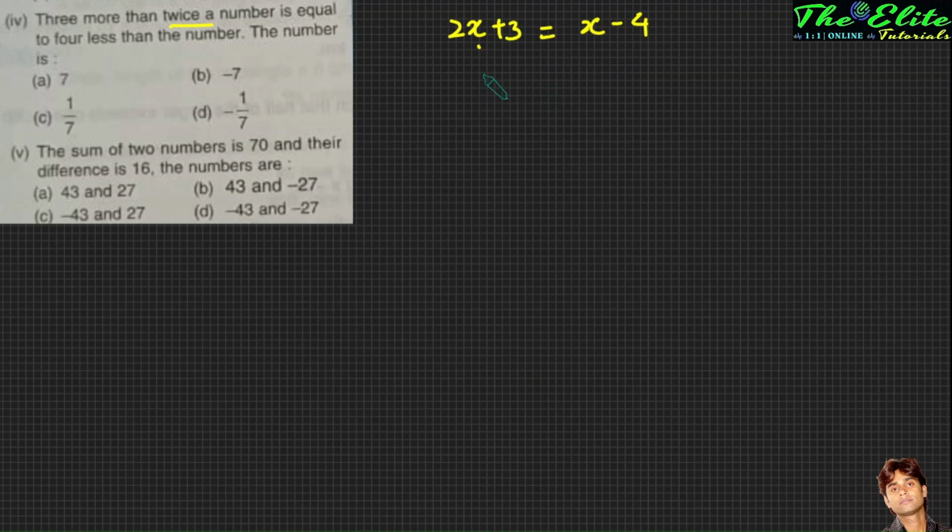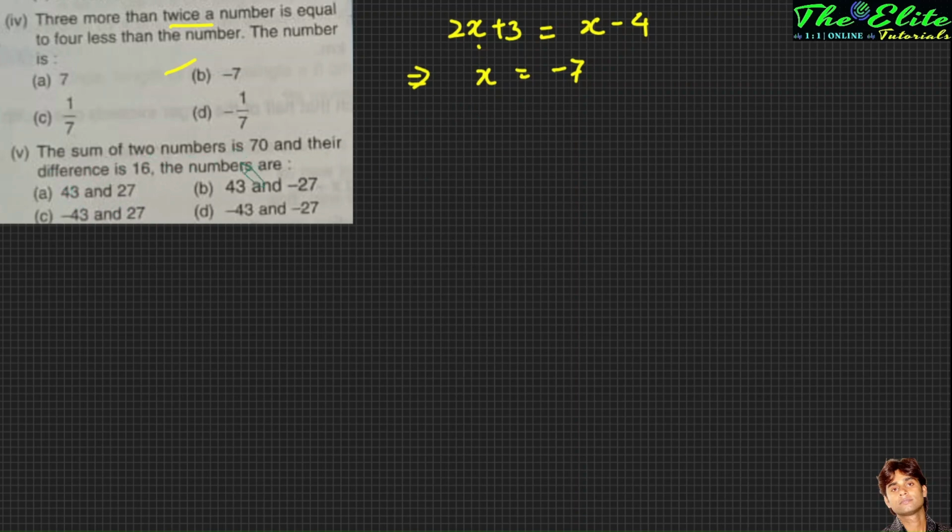So this is the equation. The x comes over here, so x equals, this 3 goes over there, minus 7. So the number is minus 7. Very easy. You don't give that much respect to this kind of question.